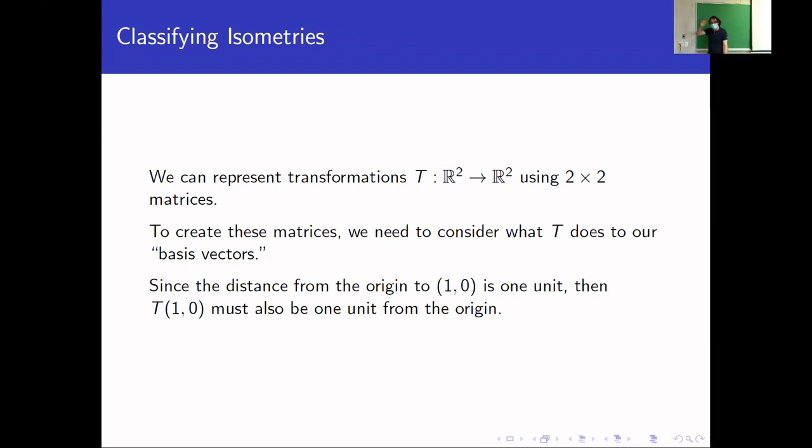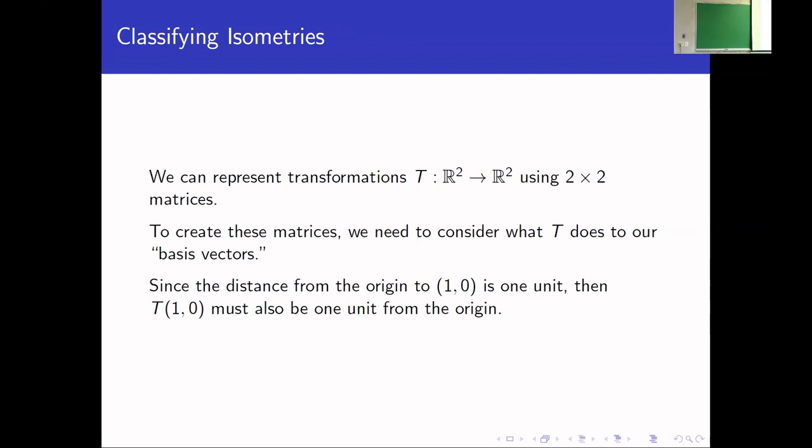The input to the function is a point, the output is a point. So a very convenient way to do that is to use a 2 by 2 matrix. A matrix is a function. It takes a vector for the input. So a 2 by 2 matrix would take a 2-part input from R2 and give you a 2-part output.